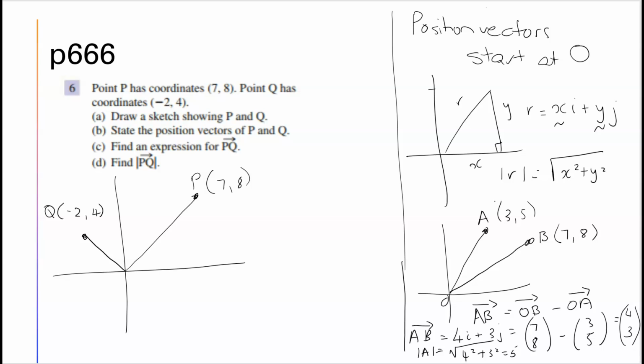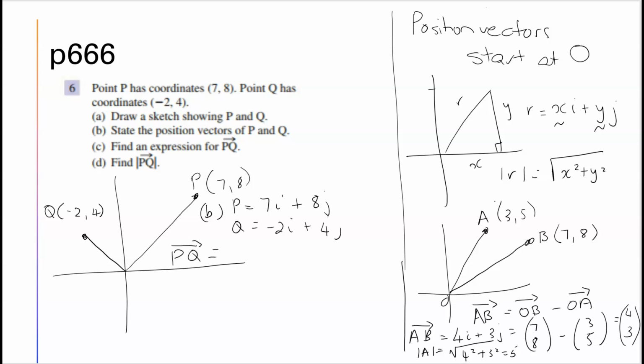And B then asks us for the position vectors. So P will be 7i plus 8j, and Q will be negative 2i plus 4j. And we need to find an expression for PQ.